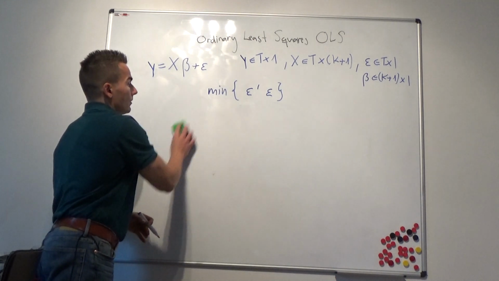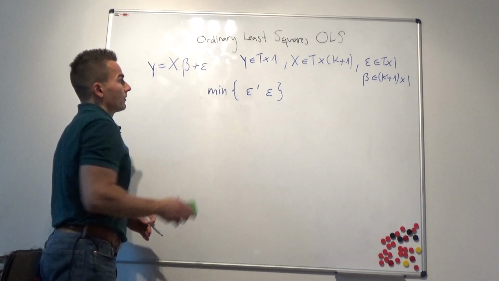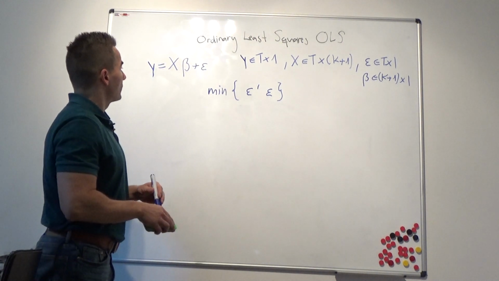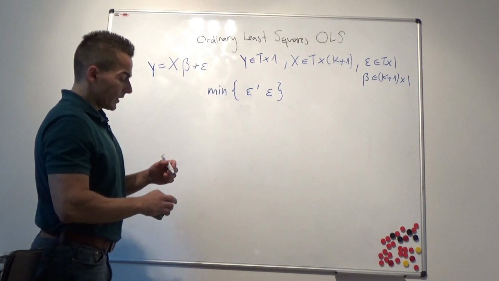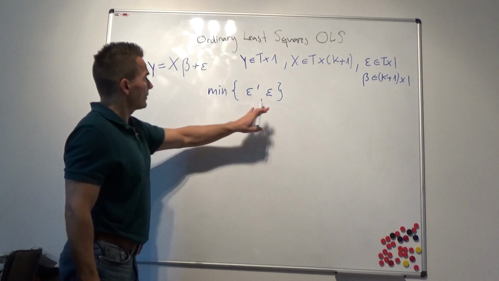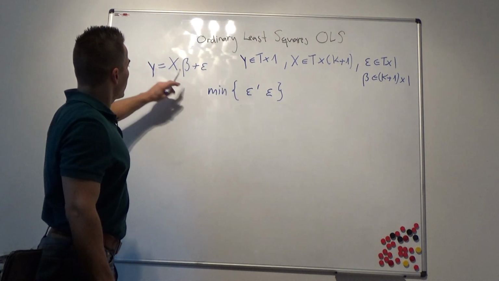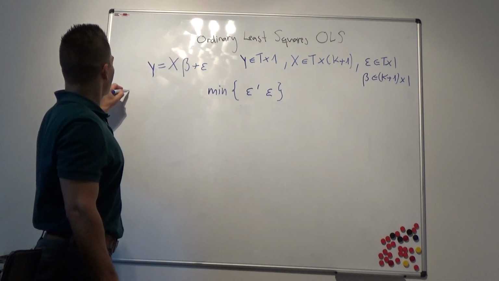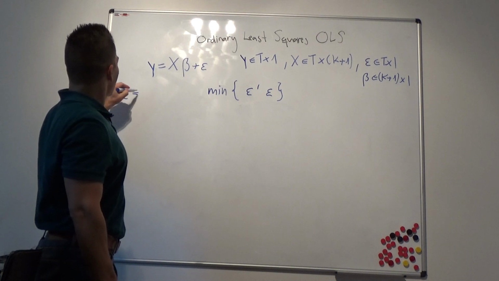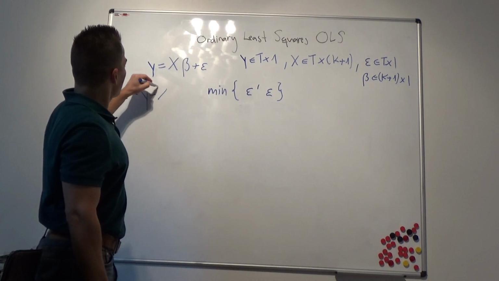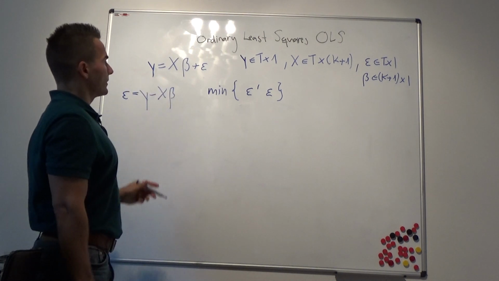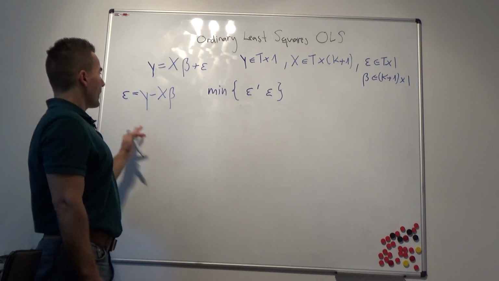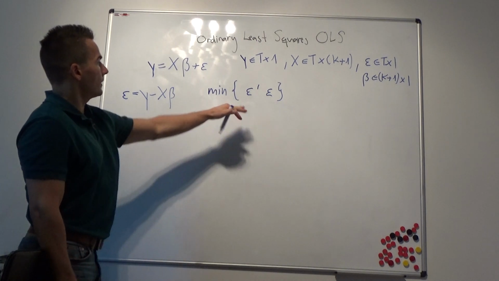And our vector of disturbances, we have already talked about that earlier. So what we can do now is, in this expression, we can plug in what we have here. If we solve this equation for epsilon, it's nothing else but y minus X times beta. So we plug in simply this expression here.